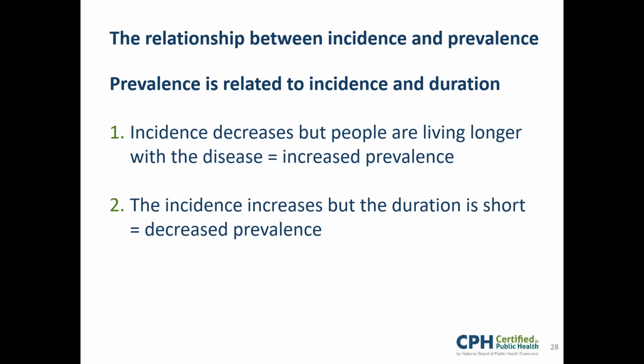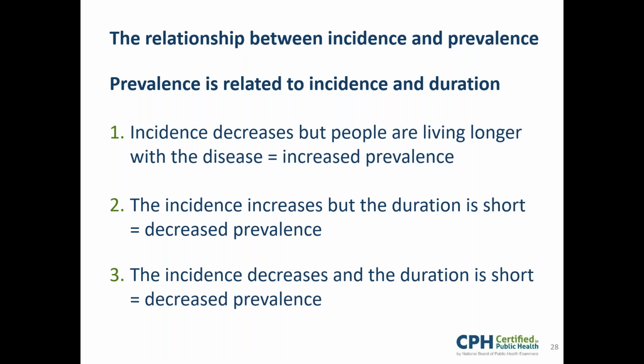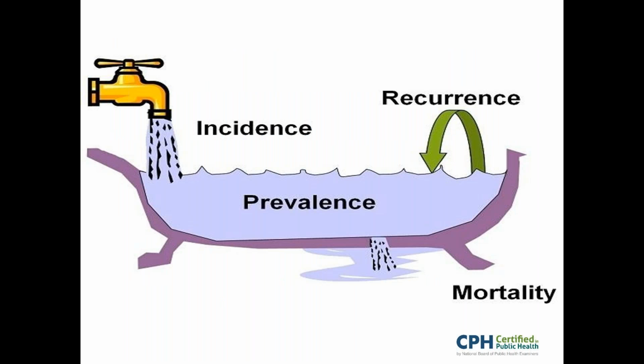If the incidence increases but the duration is short, that means our prevalence will decrease. If the incidence decreases and the duration is short, the prevalence decreases. I have a diagram on the next page that should help seal this.